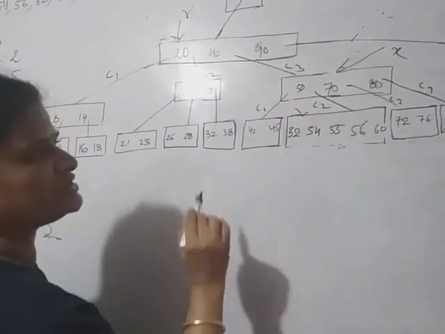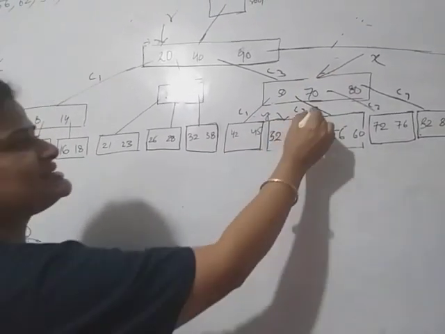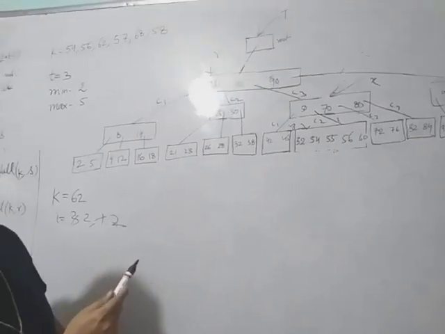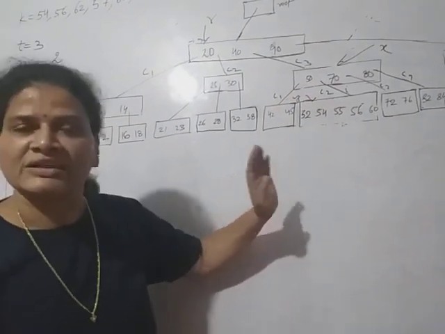If I am talking about the split function, this is y, this is x, and this is I. The ith child of x, y, is full.